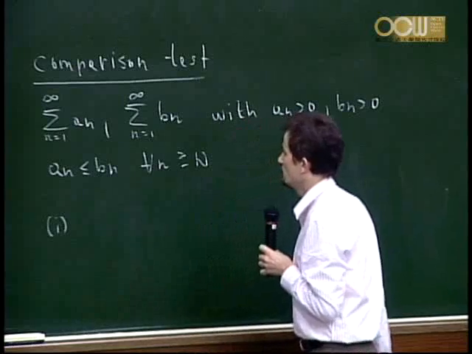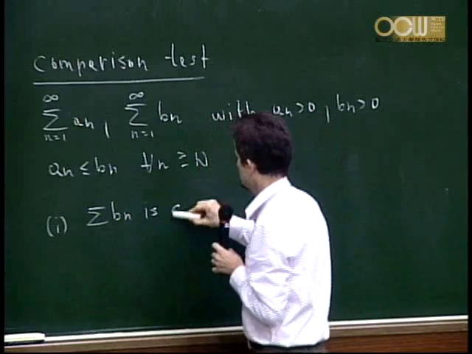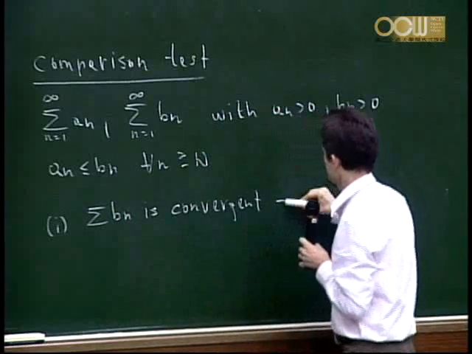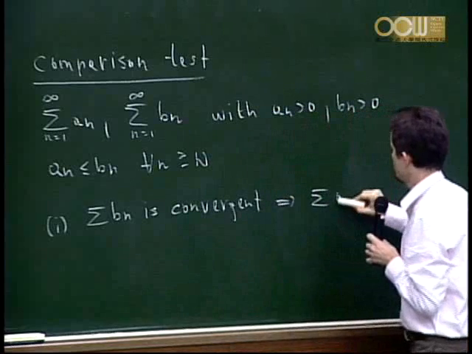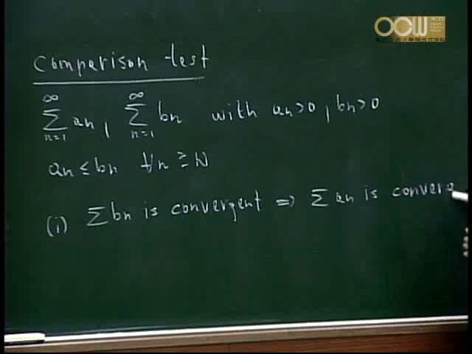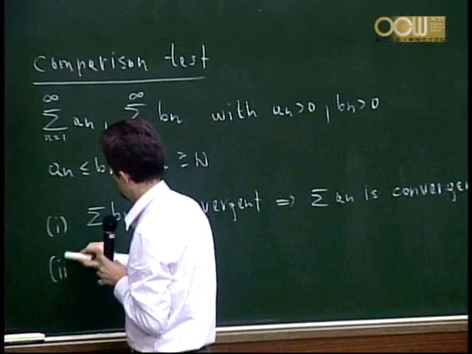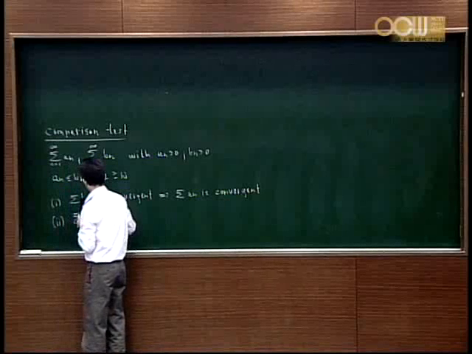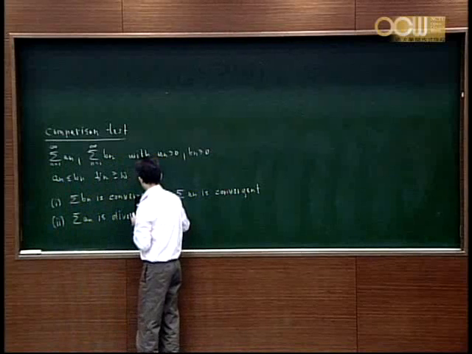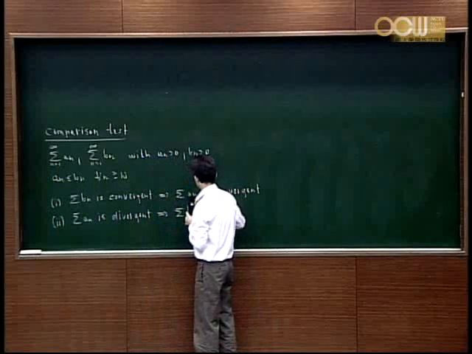First of all, if we know that the series over bn is convergent, then the series over an is convergent as well. And if we know that the series over an is divergent, then we can conclude that the series over bn is divergent as well.